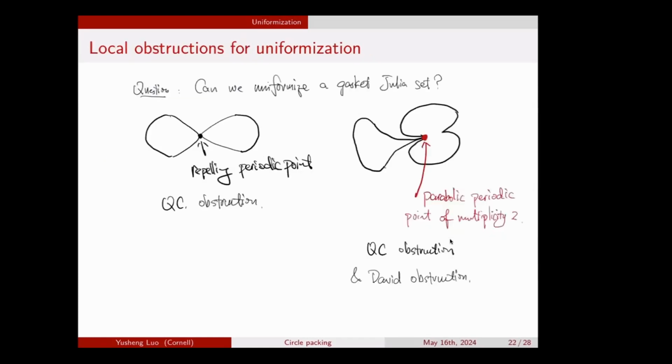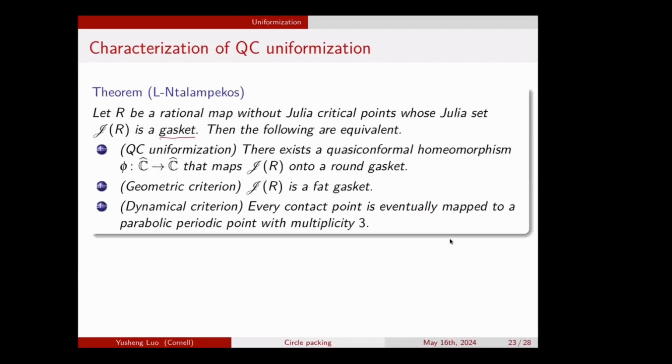If you have the first situation, then you have an angle. If you have the second situation, then you have a cusp. So if you do not have these two cases, then you can actually quasi-conformally uniformize this Julia set.